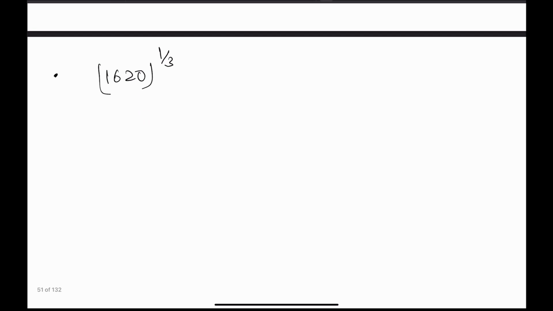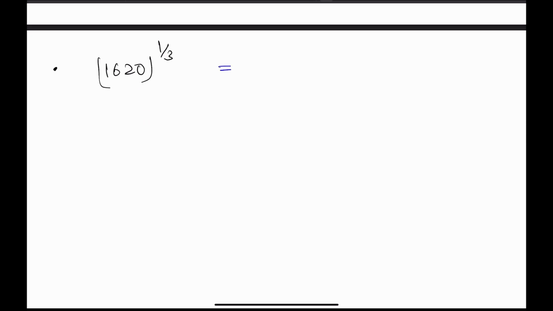No, it's not that difficult. So what will it be? We remember that 11 cube is 1331.